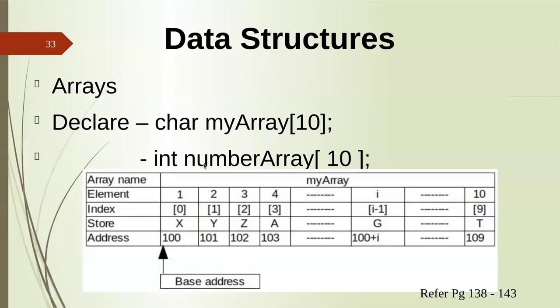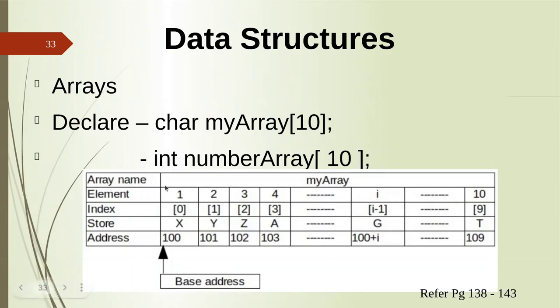This char, you can int number array 10. The name of this array is number array, and the maximum length is 10. This is a character array. The length of this array is 10. Here also integer number array 10.